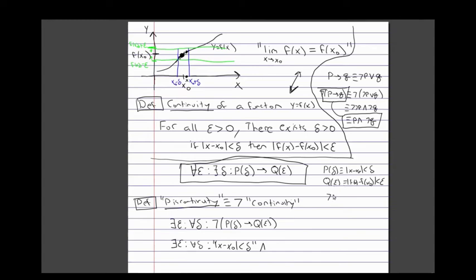So not q of epsilon is the statement that |f(x) - f(x₀)| ≥ ε.